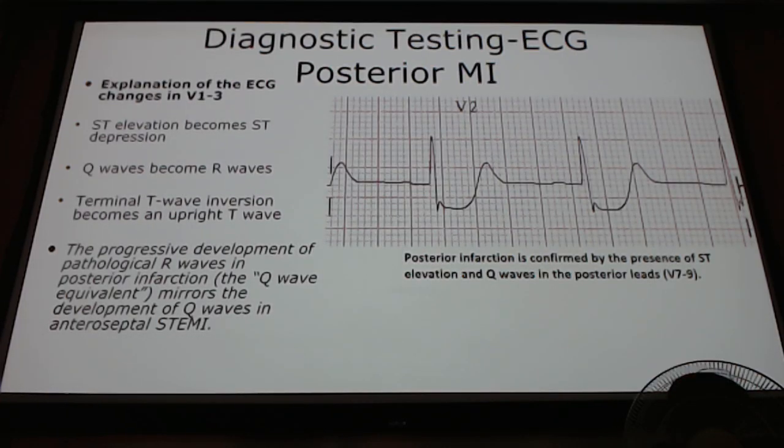All right. So let's talk about posterior MIs for a second. I'm trying to think of a great way to explain it. The way I was trained, you look at your V1 through 3, you have ST depression, but if you flip it upside down and it would then look like ST elevation in a pattern that has that sloping appropriately, then you might want to think about a posterior MI and getting those posterior leads on them.